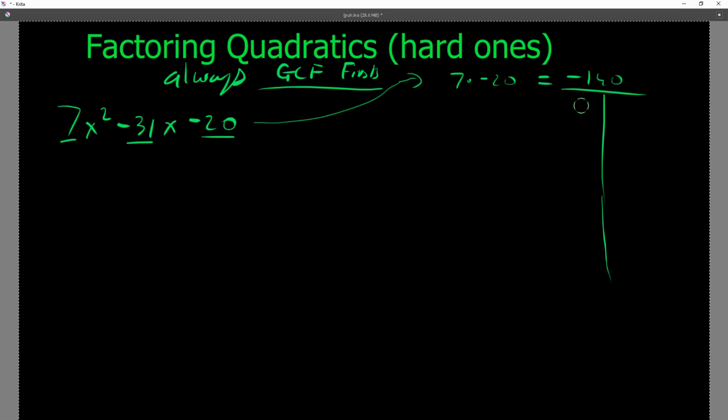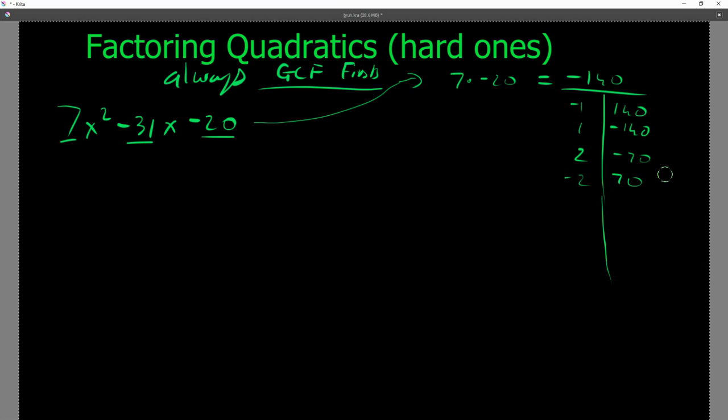So basically, numbers that multiply together to give you negative 140. So I have negative 1 and 140, 1 and negative 140, and I'm going to keep listing them, right? My goal is to find two numbers that add up to be negative 31. And so I can go on to 2 and negative 70, negative 2 and positive 70.